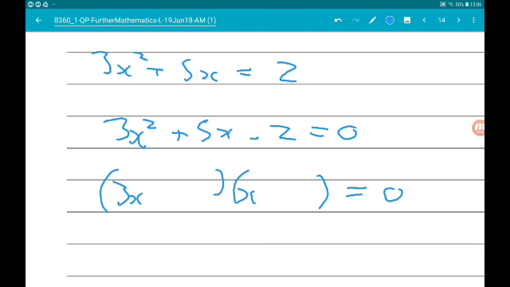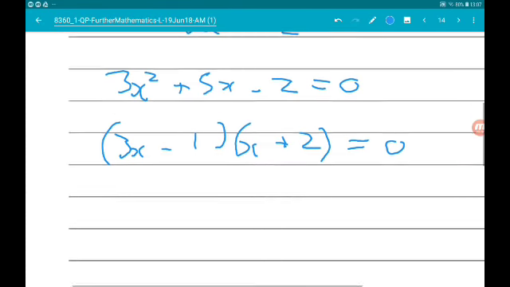Now the two numbers need to multiply to minus 2 and we need to end up with 5x. So if we put a plus 2 in there, 2 times 3x gives us 6x. If we put a minus 1 in there, that's going to give us minus x, which takes us down to 5x in the middle as we need.